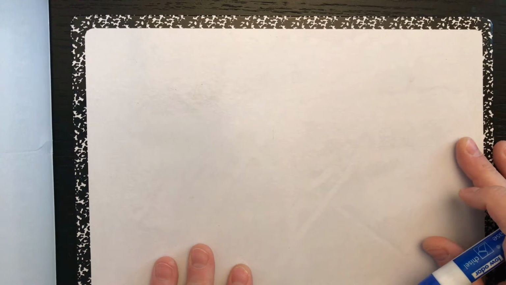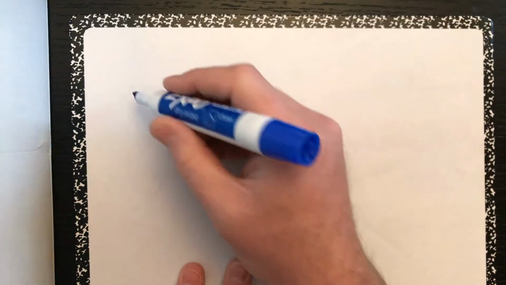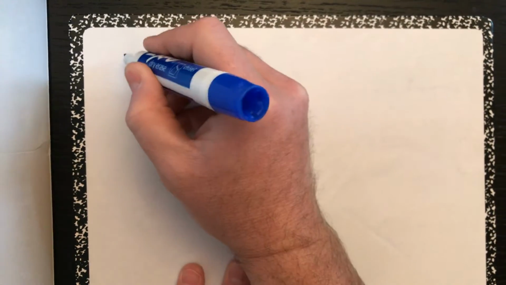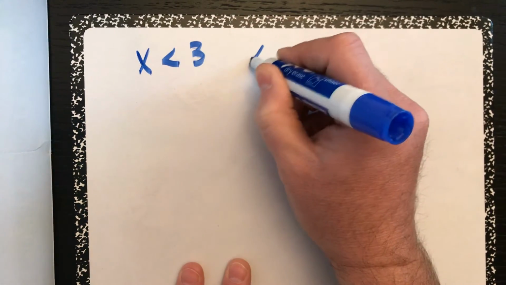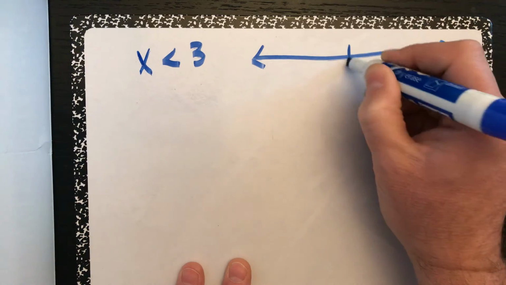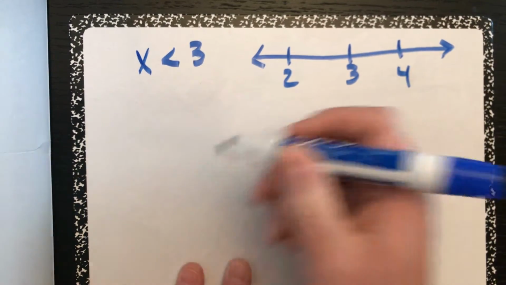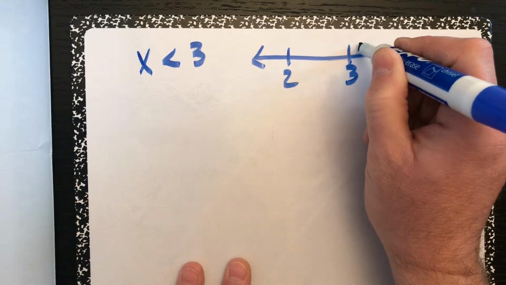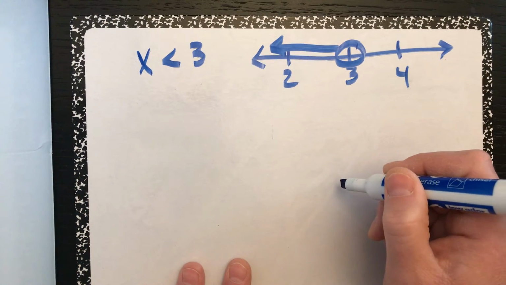Now, remember, on Friday I went over some of the inequalities, so I'm going to do it again today. We're on lesson 3.1, inequalities and their graphs. The main thing here is, remember, when you are writing an inequality like x is less than 3, when you graph this on a number line, when it's just less than, it's an open circle and it goes that way, okay?